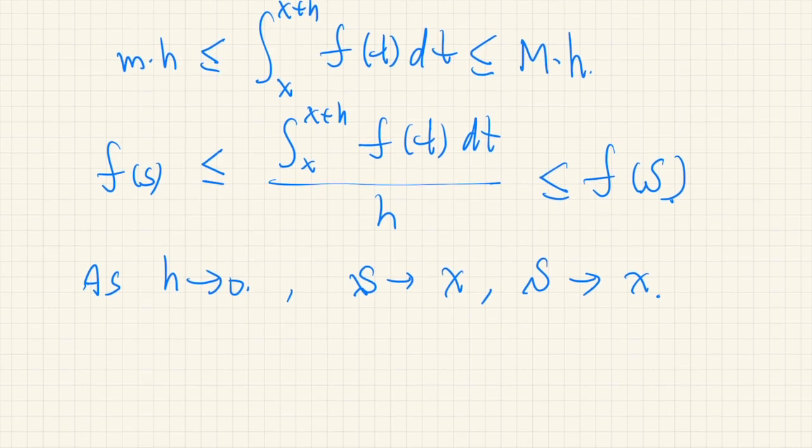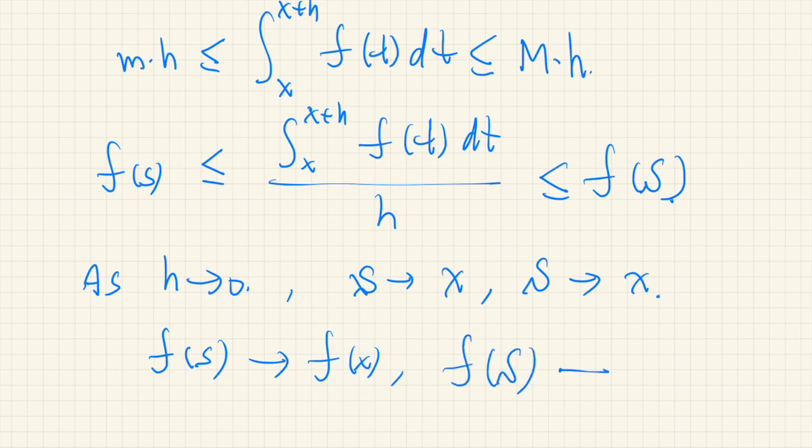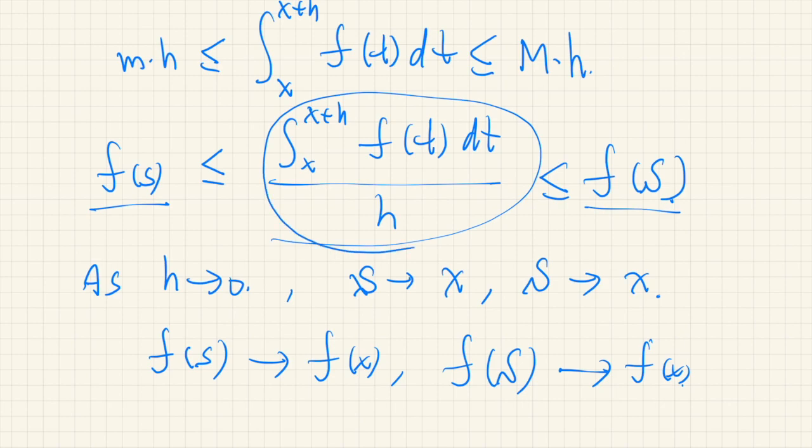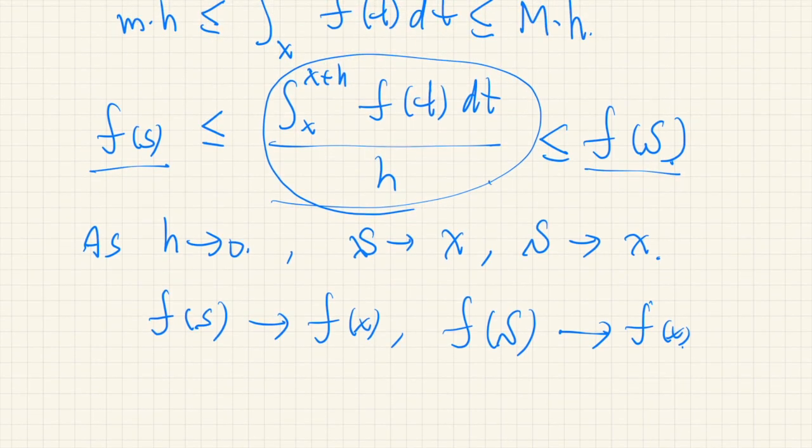That means since the function lowercase f is continuous, f of lowercase s converges to f of x, and f of uppercase S also converges to f of x. So by the squeeze theorem, this converges to f of x, this converges to f of x. That means the middle one also converges to f of x. So this converges to f of x. And we are done.